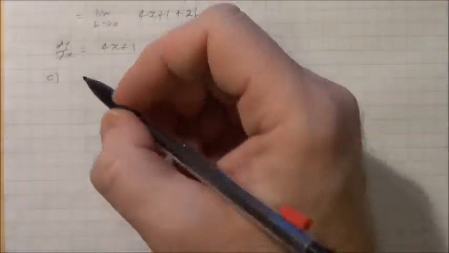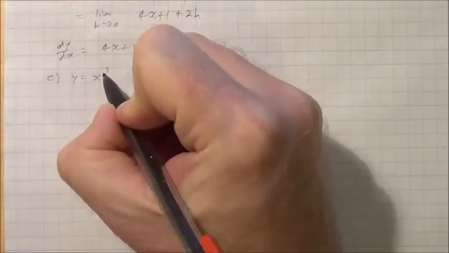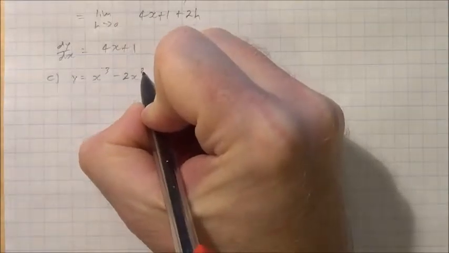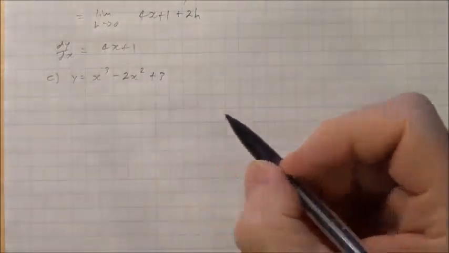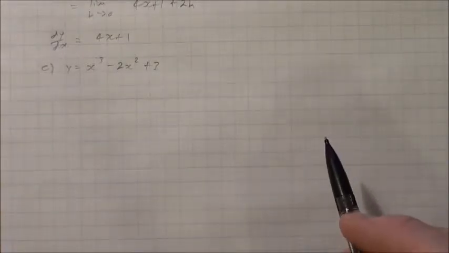Slide down here to part C. Now things are a little bit more interesting. I might actually have to write much smaller in order for everything to fit on the page. y equals x cubed minus 2x squared plus 3.